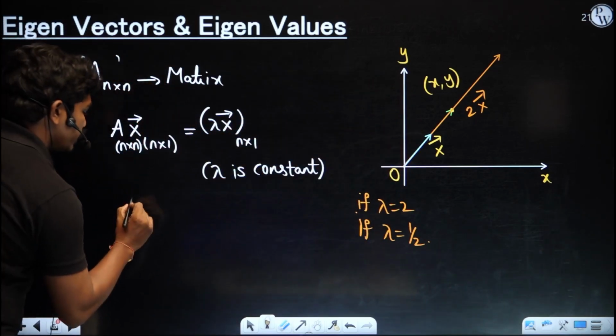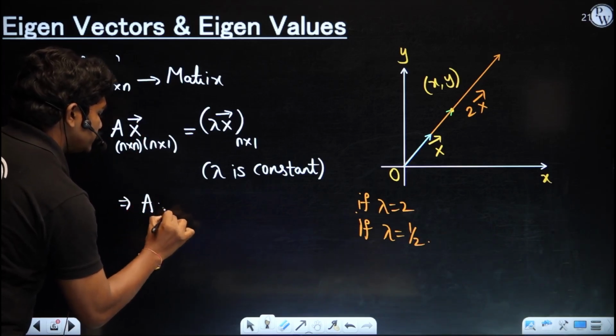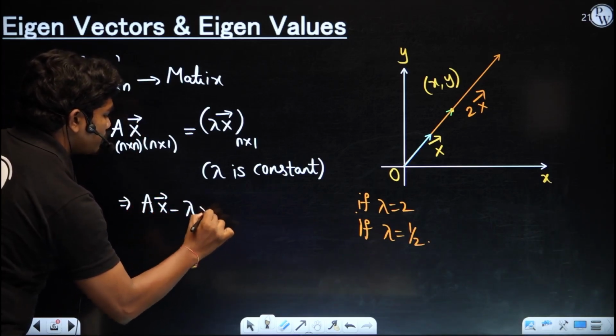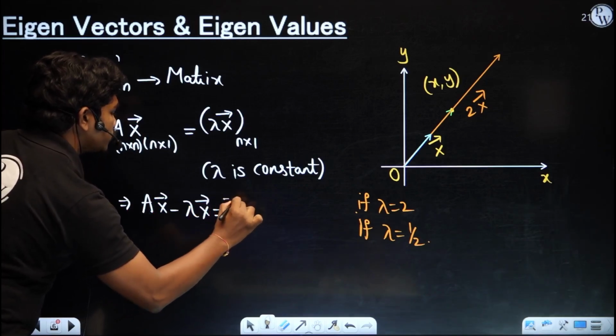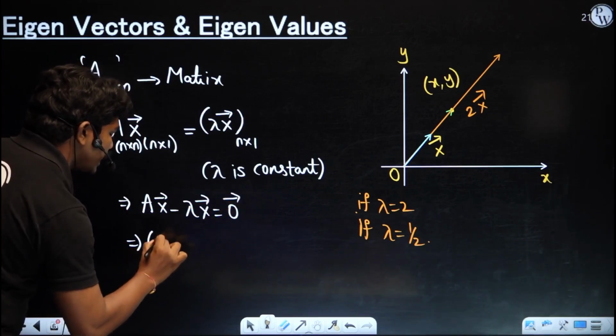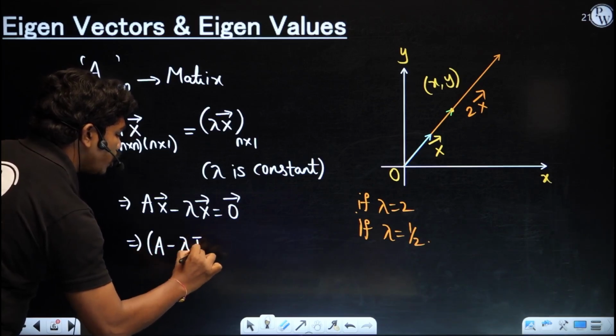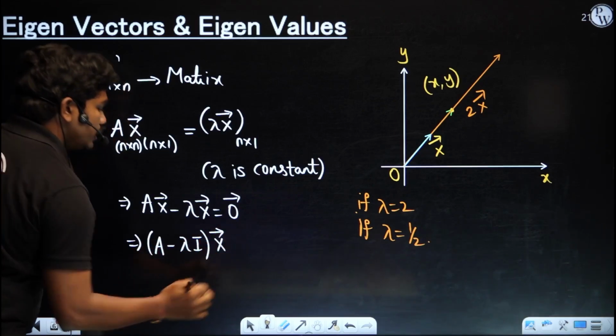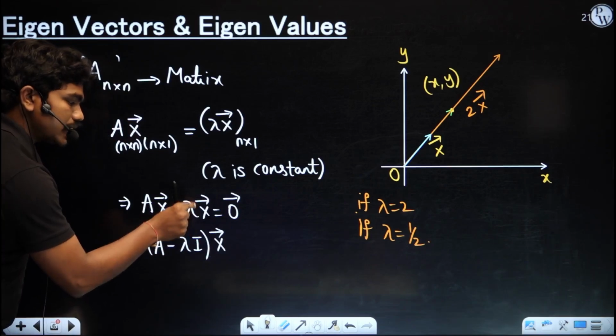Now if you see this equation, we have A x bar minus lambda x bar is equal to 0. This can be written as (A minus lambda I) multiplied on x is equal to 0 bar, because when multiplying two matrices, x can be written as I into x.